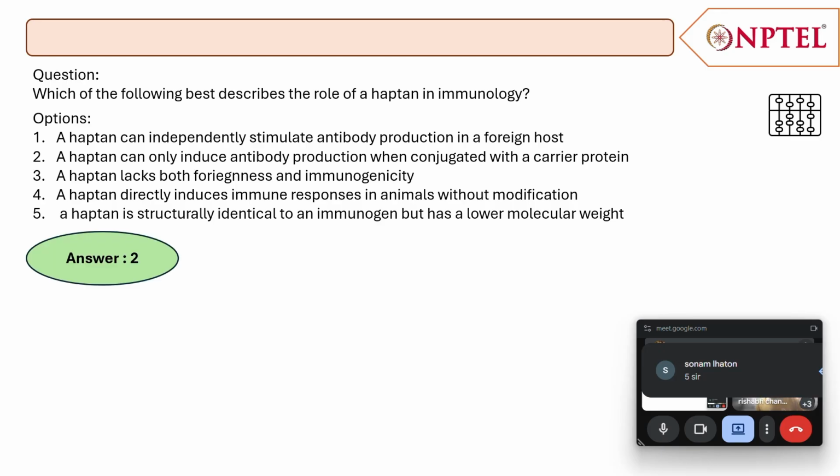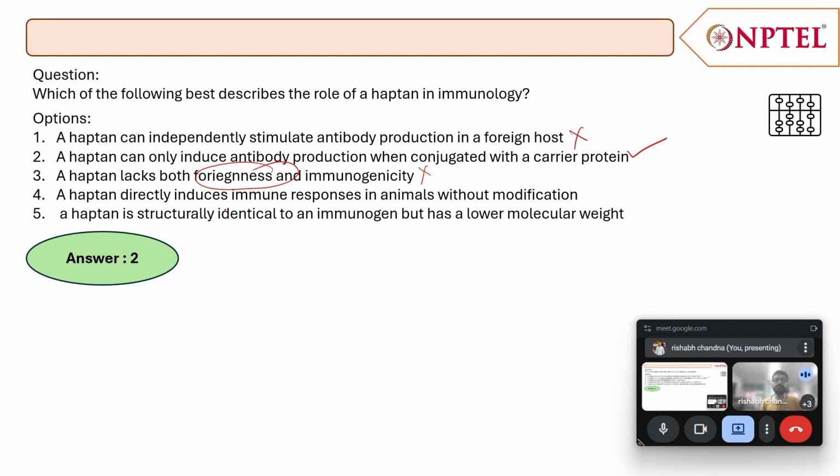A hapten can independently stimulate antibody production in a foreign host. No, a hapten will not be able to independently induce an immune response. A hapten can only induce antibody production when conjugated with a carrier protein. Yes, this is correct. A hapten lacks both foreignness and immunogenicity. No, they cannot be considered foreign material. They can be host specific also. A hapten directly induces immune responses in animals without modification. No, this is also false.